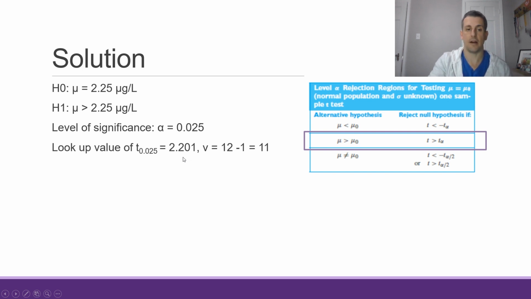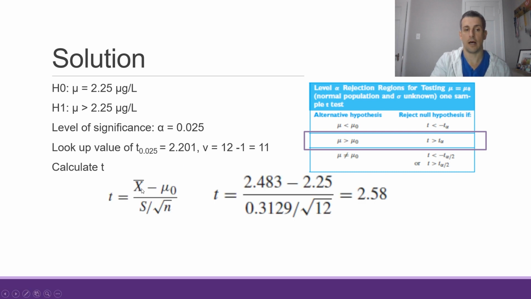Proceeding from there, we calculate T. We use this formula for T: we take the mean of our sample, subtract off the value in our hypothesis, 2.25, and divide that by the standard error. And we get T of 2.58.